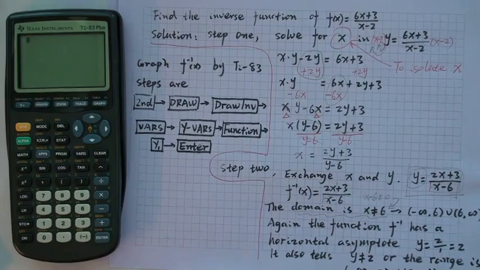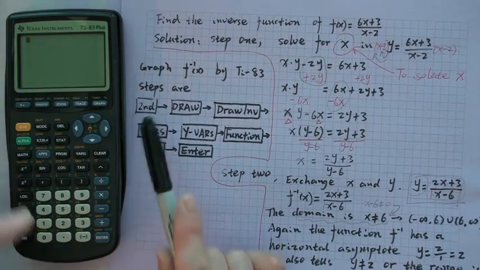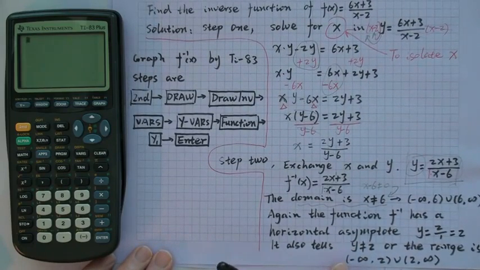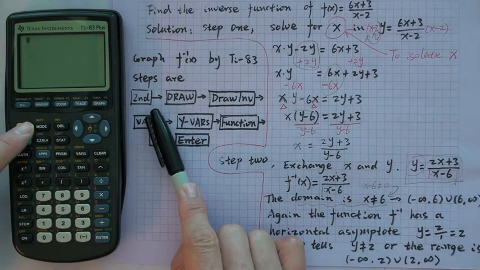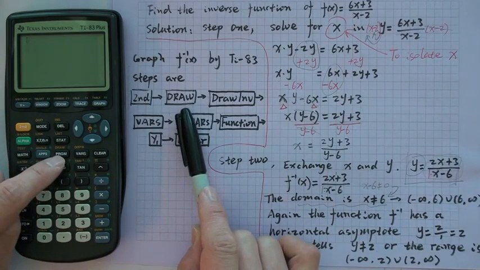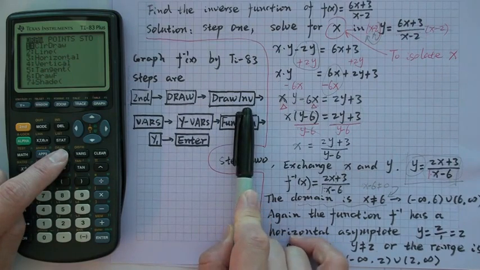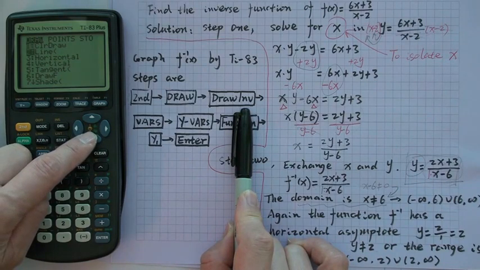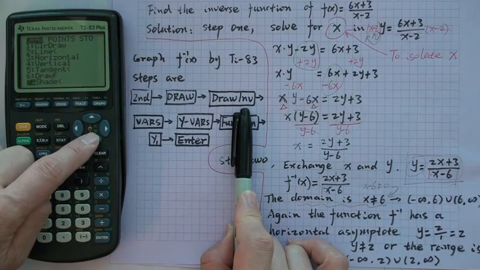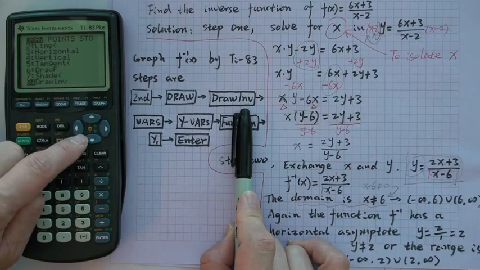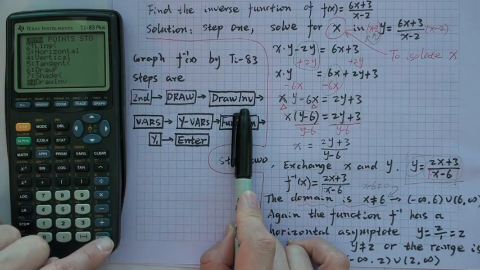Then you do second draw, or you may see the program. It's at the bottom, and then draw inverse. You can scroll down a little bit. Number 8, draw inverse. And then you hit enter.